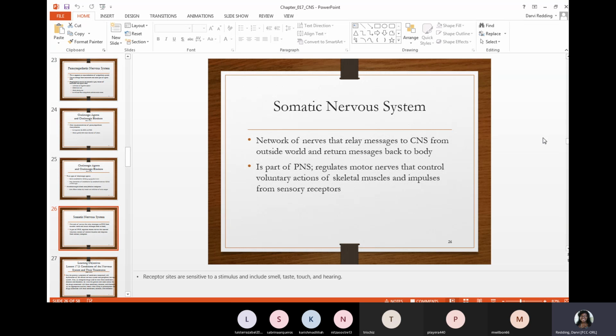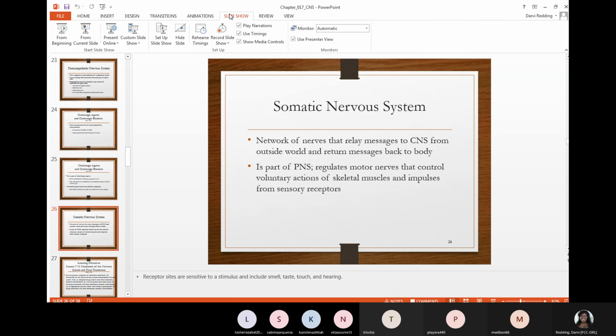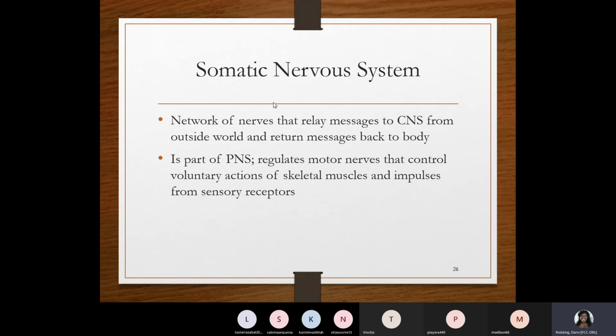So when it comes to the somatic nervous system, there is a network of nerves that relay messages to the CNS from outside of the body, from the outside world, and then it returns the messages back to the body.